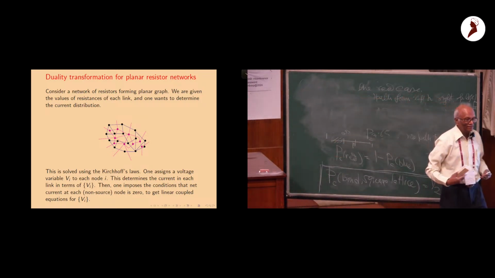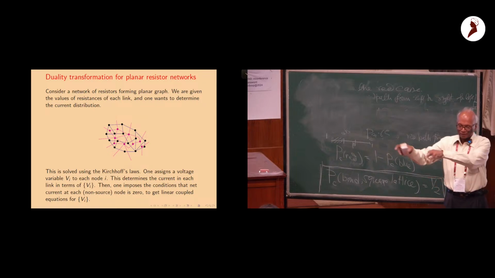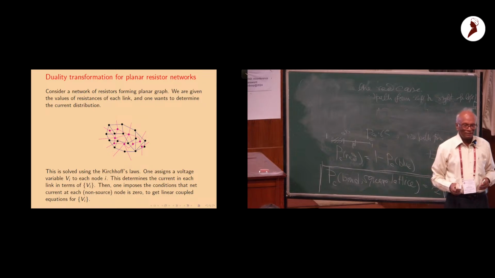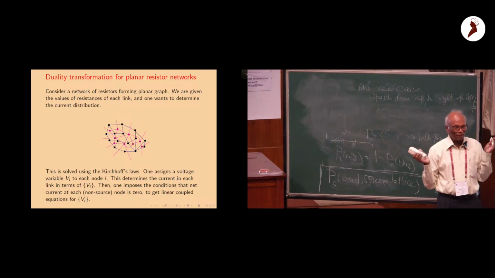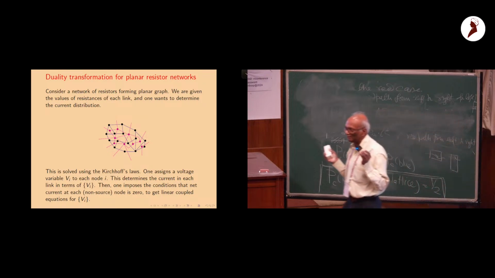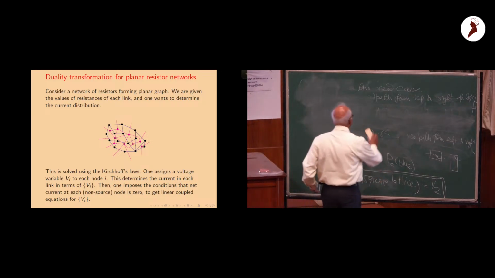When I was preparing this lecture, I just wrote on Google voltage current duality, and it gave some references of class notes from various places, but they were usually what is called electrical circuit theory. So I guess if you are a BTech student in electrical engineering, you will definitely have heard of it, but maybe none of you are BTech students in electrical engineering. Okay, it's no problem.